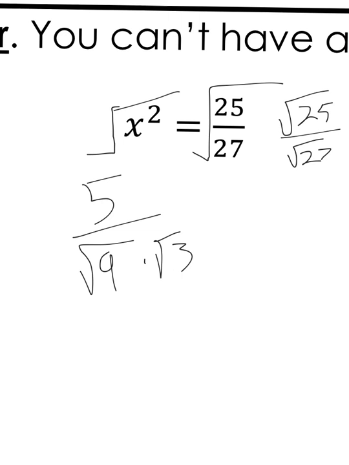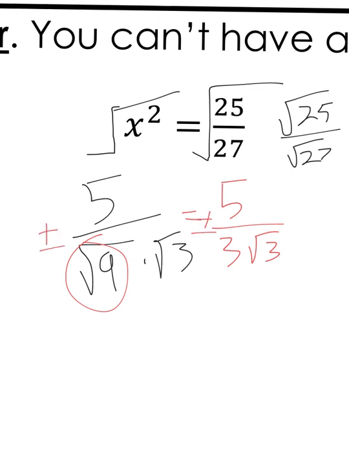Why did I choose 9 times 3? Well, besides 27 and 1, 9 and 3 are the only two factors of 27. But 9 has a square root, and that is 3. So the next step is 5 over 3 square root of 3. Okay, and let's not forget our plus or minuses.